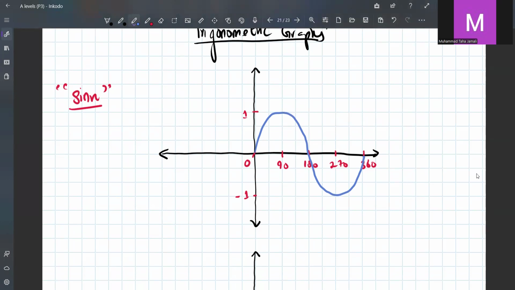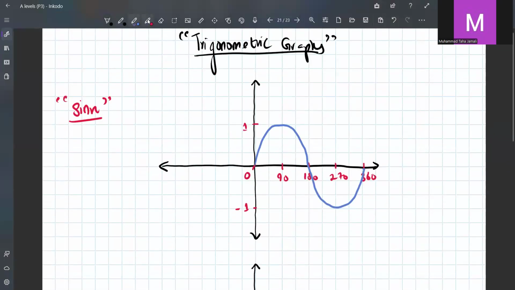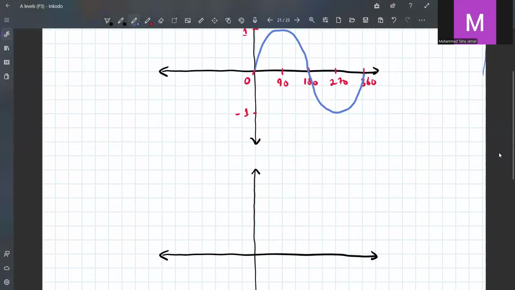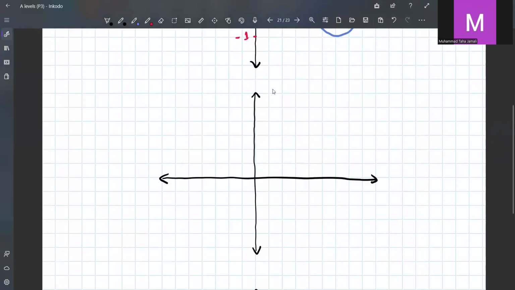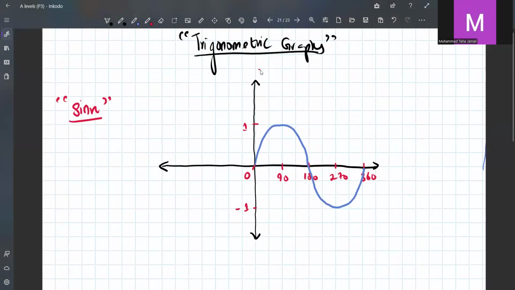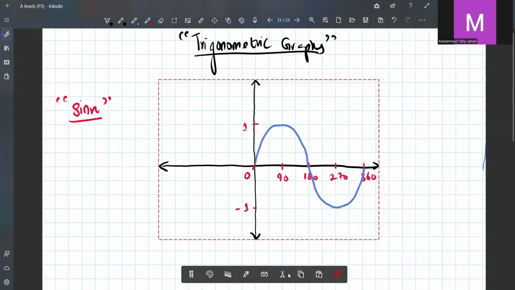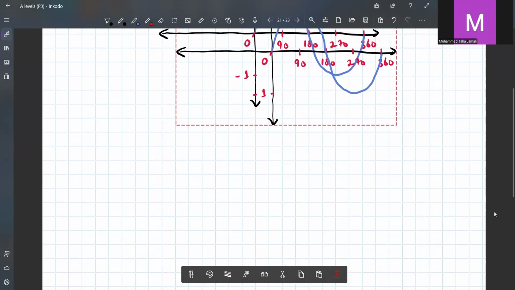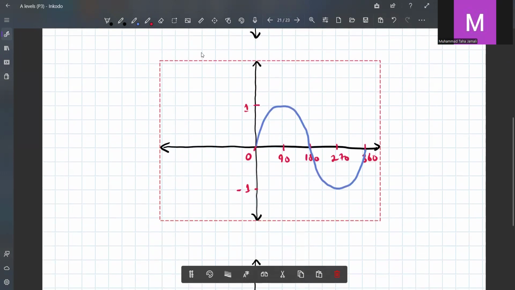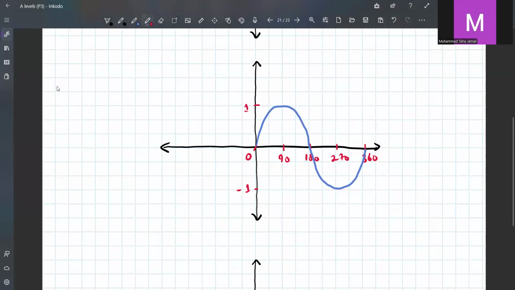Let me just copy this graph below. We already know this, by the way. So we know that cosec x is 1 upon sin x.